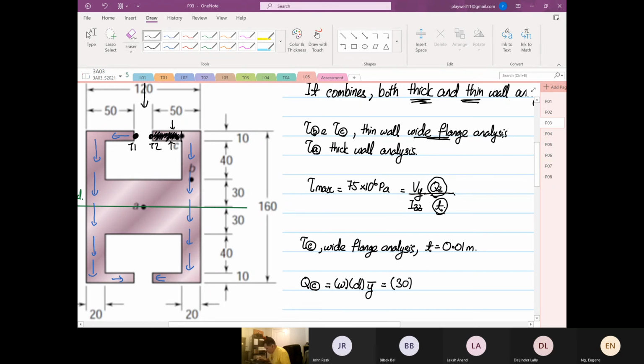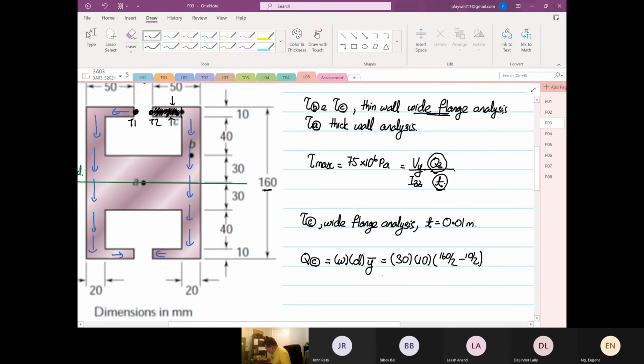The width is 30. The depth is 10. The y bar is 160 divided by 2, because it's top and bottom, from the 160 minus 10 divided by 2.